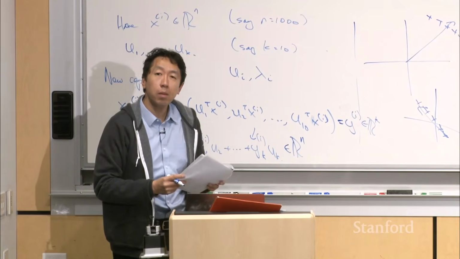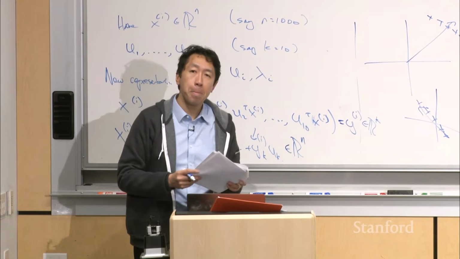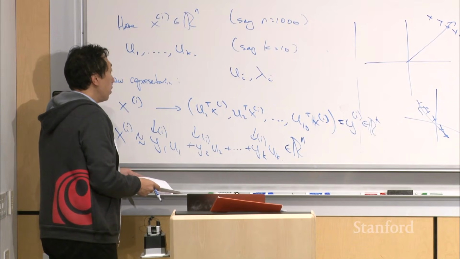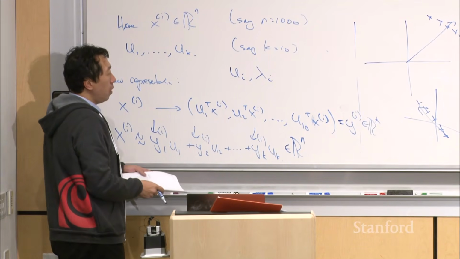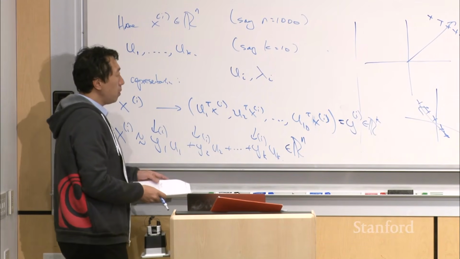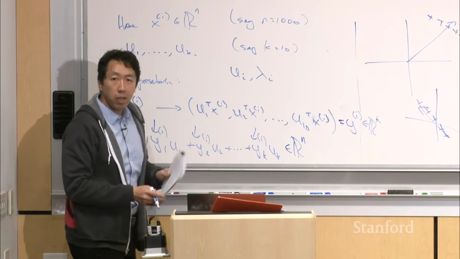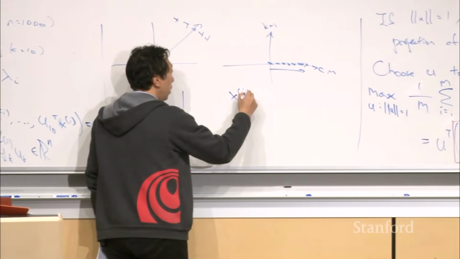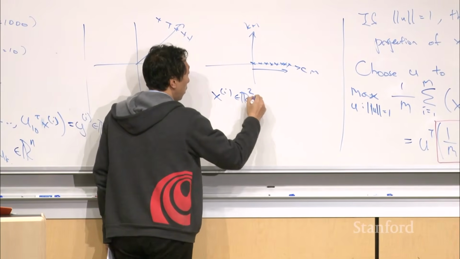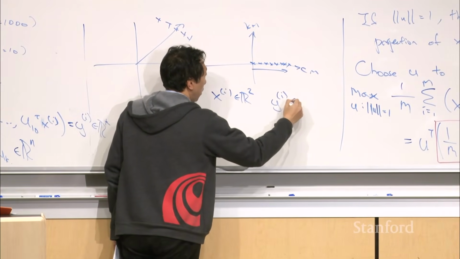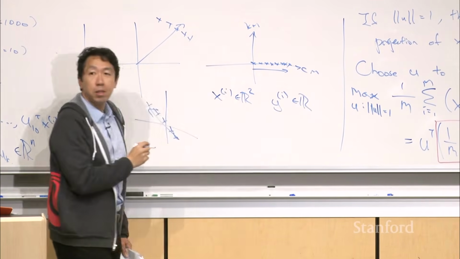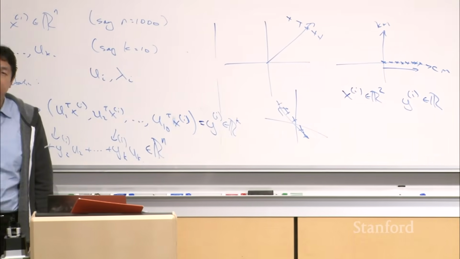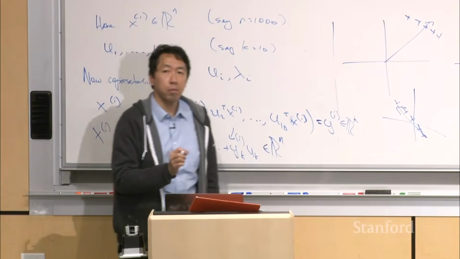Let's use the children's height example. In that case, xi is in R2 and y is in R. So you've now compressed each child's height, which is previously represented with two numbers, into a single number.